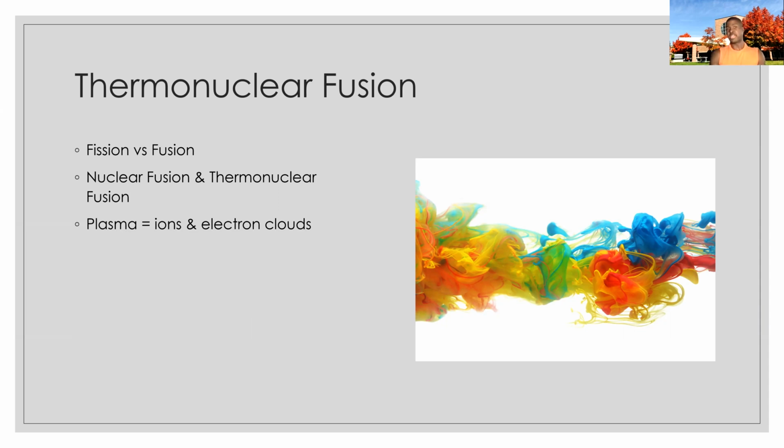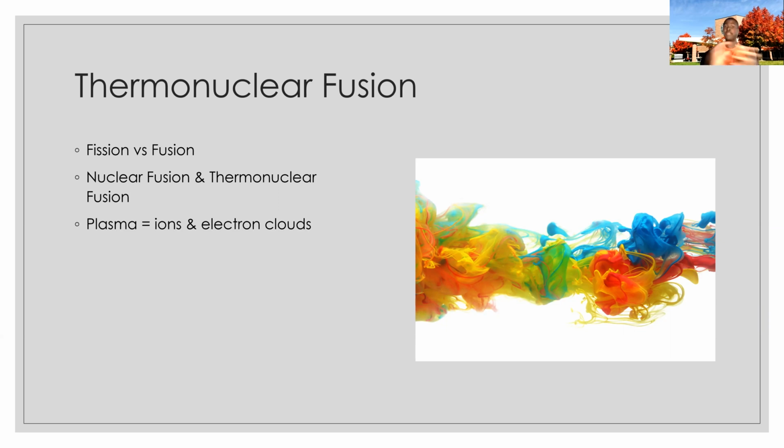Whereas fusion is the opposite of that. As mentioned before, it is where 2 nuclei fuse or come together as one. Hence the word nuclear fusion, 2 or more nuclei come together and fuse into one particular molecule or element. And then thermonuclear is pretty much the same thing, but this time it deals with how temperature is involved with nuclei, fusing these atoms or nuclei together.